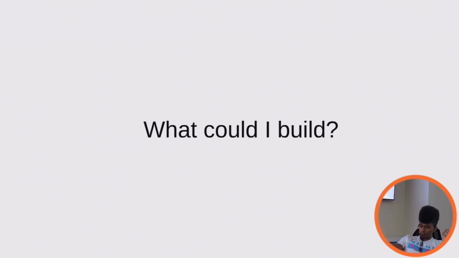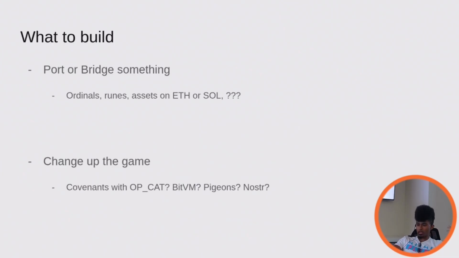So if we think about what you'd actually want to do for a hackathon type project, again, porting or bridging something that already exists, maybe there's things that you want to do that just aren't easily possible with whatever this asset is in its current format.